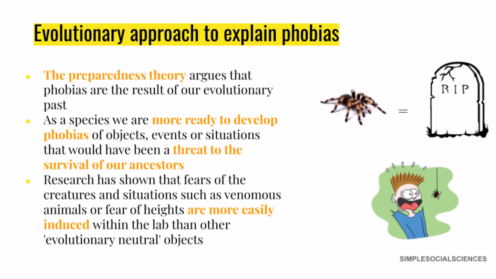Research has shown that fears of the creatures and situations that we've described are more easily induced within the lab than any other evolutionary neutral objects. So that was an example of how certain behaviours, such as phobias, can be explained using the evolutionary explanation, which, as we've said, is a biological explanation.